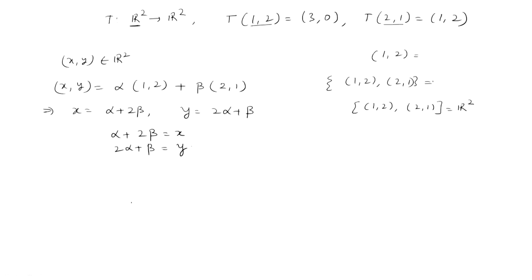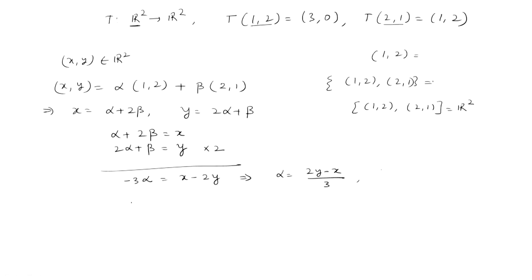Now, you multiply this by 2 and subtract these two equations. What will you obtain? This is minus 3 alpha; multiply by 2 and subtract from the first equation, and this equals x minus 2y. That implies alpha = (2y - x)/3.